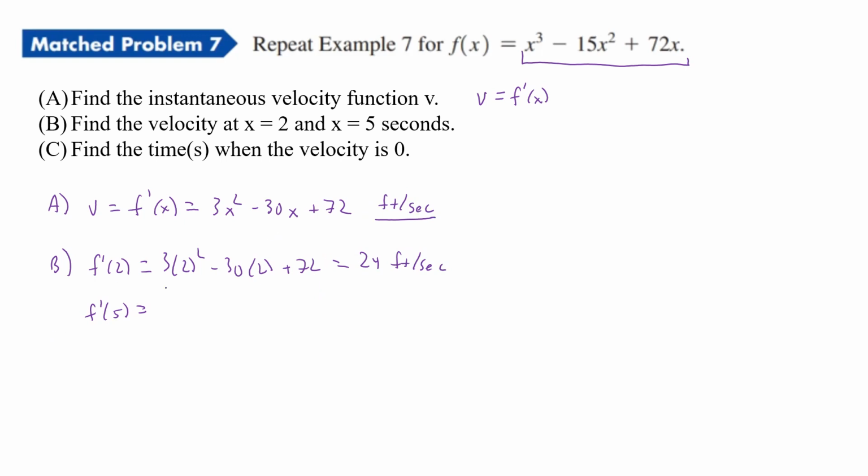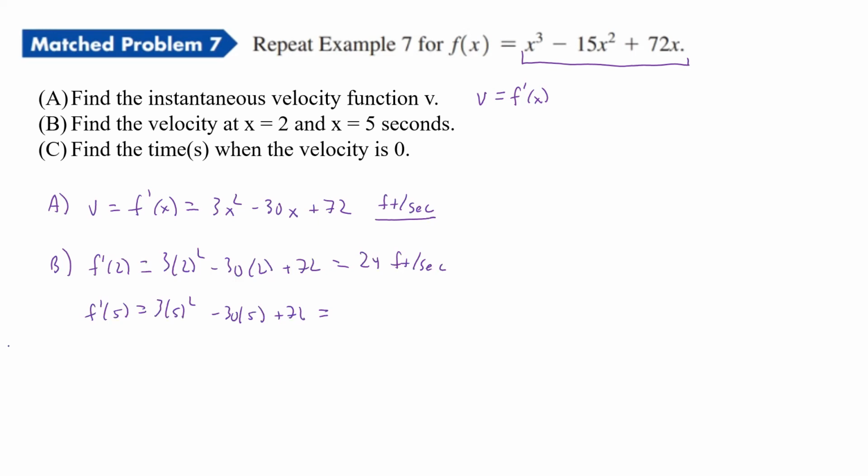Okay. What about this one? Well, that's going to be 3 times 5 squared minus 30 times 5 plus 72. So if we work that out, that's going to be 72. That's going to be 25. That's going to be 125 minus 150. That's going to be minus 25. So let me do my calculator here real quick to make sure I get this one right.